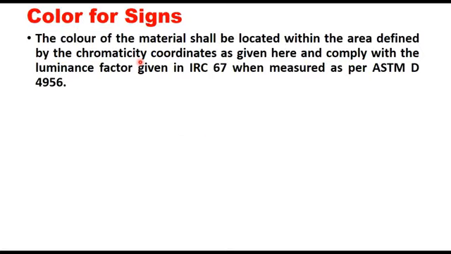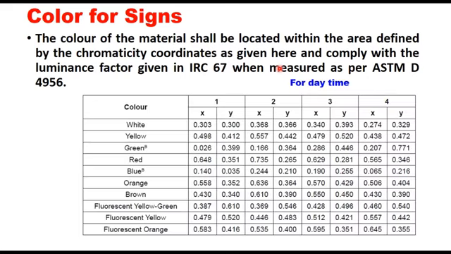The color of the material shall be located within the area defined by the chromaticity coordinates as given here in this table and comply with the luminance factor given in IRC 67 when measured as per ASTM standard. Here accurate numerical coordinates for each color can be measured using a spectrophotometer to determine whether the color of the sign meets the color standard.